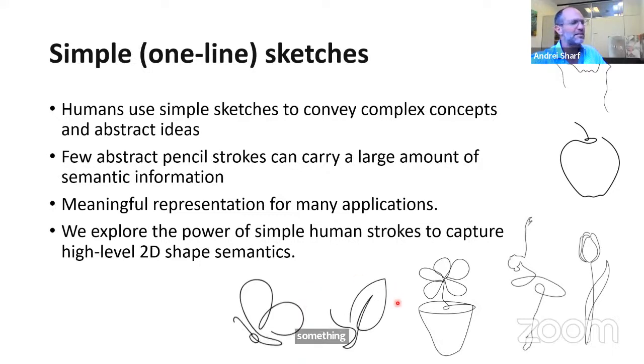And when we looked at these human sketches, these are all made by humans, we could see that they're quite complex, and they can convey a lot of information and a lot of complex ideas, like flowers growing in a vase, a woman dancing with a lot of motion, poses, animals, etc., with very few and very simple, very abstract sketches.